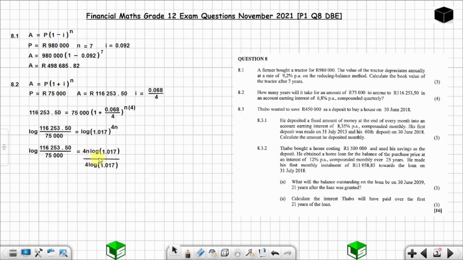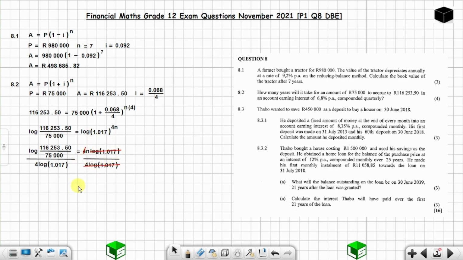What I do on the right, I'm going to do on the left too. Now you can cancel 4 and log of this. So now you have n alone.